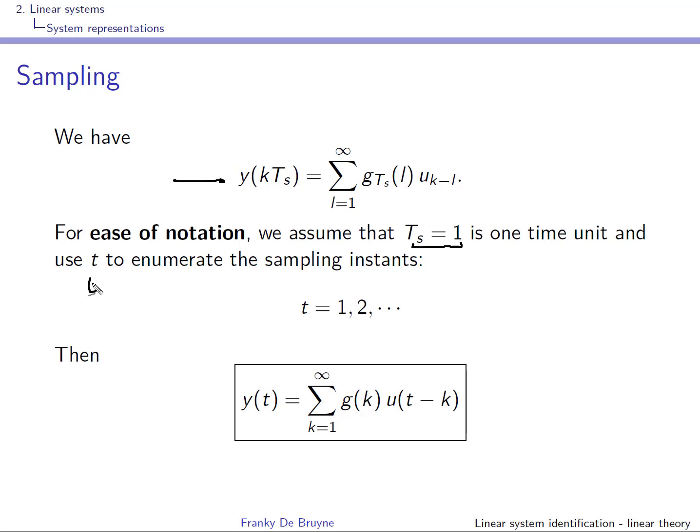So if you write t equal to kTs, with Ts equal to 1, this is k, and k is in the natural numbers. So you can simply say that t is equal to 1, 2, 3, 4, etc. The easiest way to see this is that t is 1 times Ts, 2 times Ts, and so on.